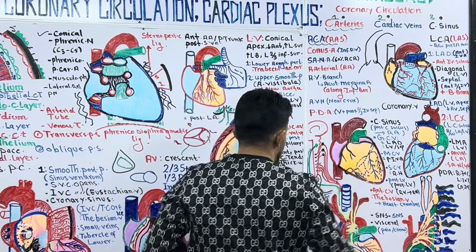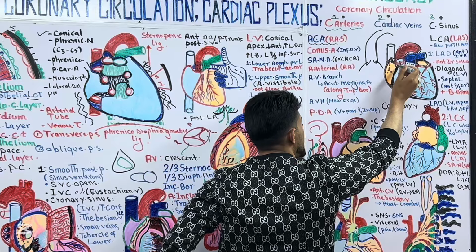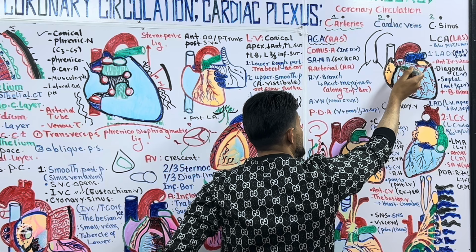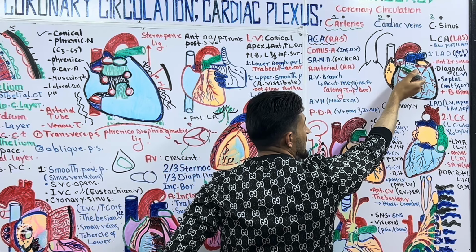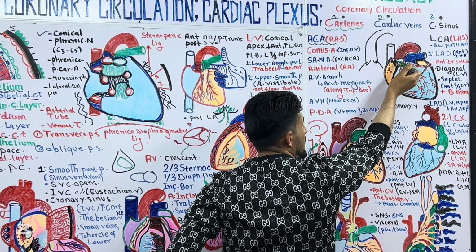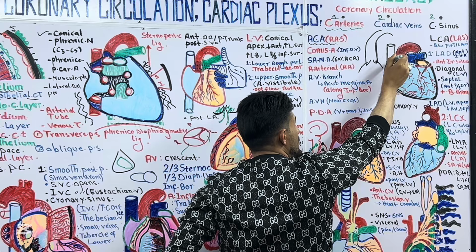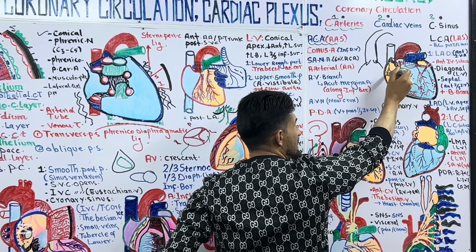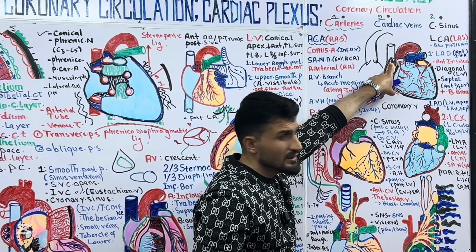Its second branch courses posterior to the right auricle, and it goes from the posterior of the right auricle and turns back to the posterior side of the right atrium, and it supplies the SA node.